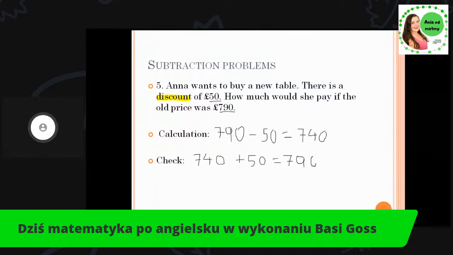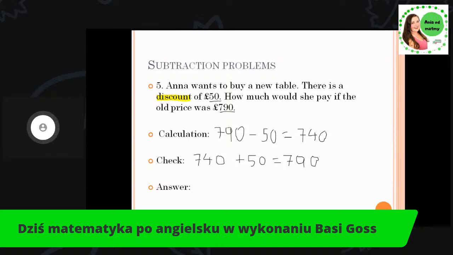And we're thinking about a good sentence to answer this problem. What sentence can we have to answer this problem? The question was, how much would she pay if the old price was £790?